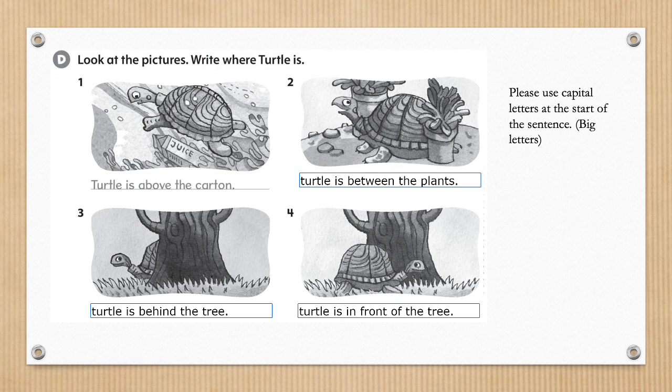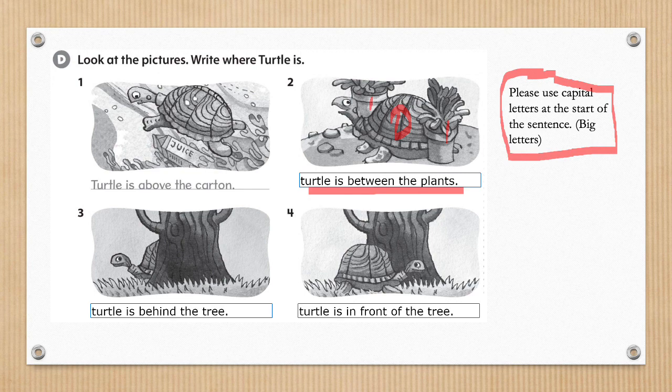Moving on to the answers for activity D. Again, students, please use capital letters at the start of your sentence. Capital letters are big letters. Okay, number 2. The answer is turtle is between the plants. We can see the 2 plants and turtle is in between. Remember, between means the middle.